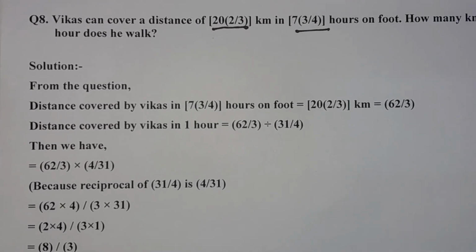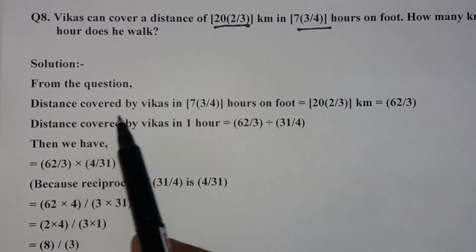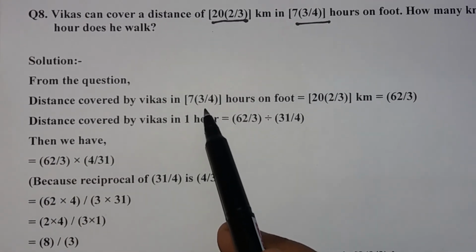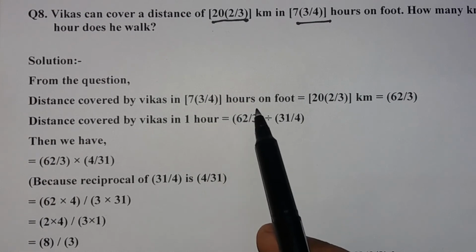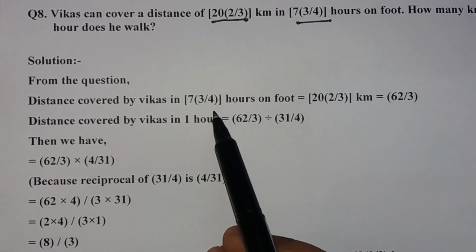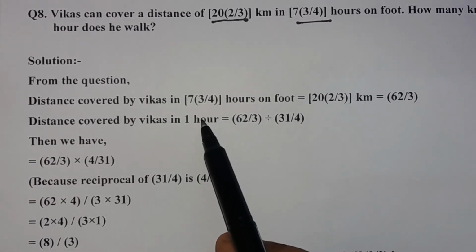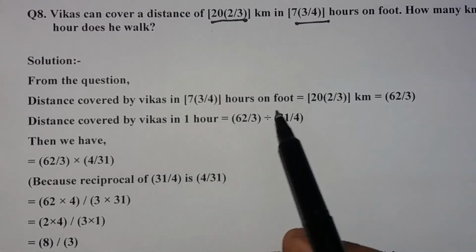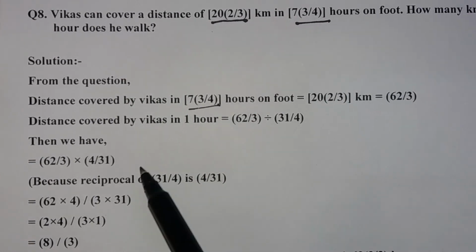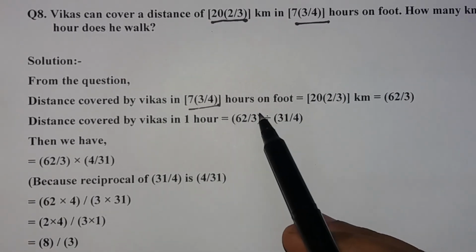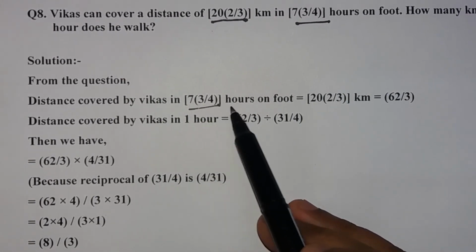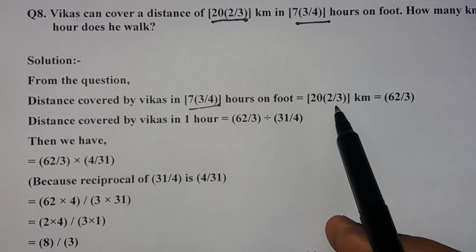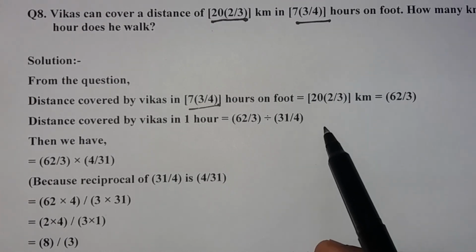From the question, the distance covered by Vikas in 7 whole 3 upon 4 hours on foot. Converting into improper fractions, 4 into 7 plus 3. So 7 whole 3 upon 4 hours, and he covers 20 whole 2 upon 3 kilometers.